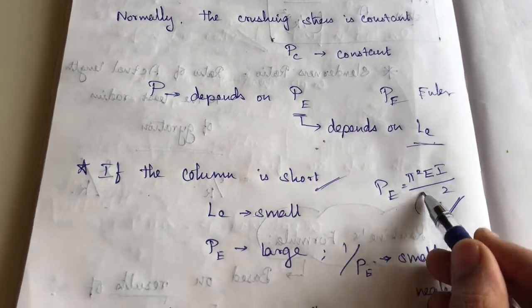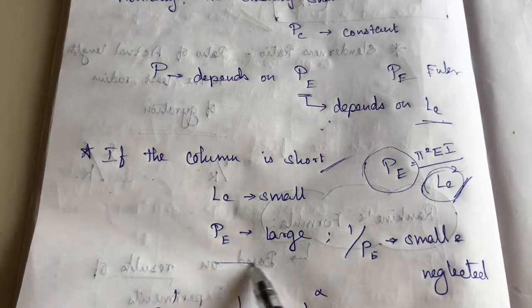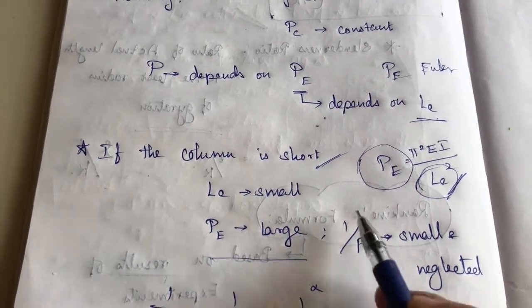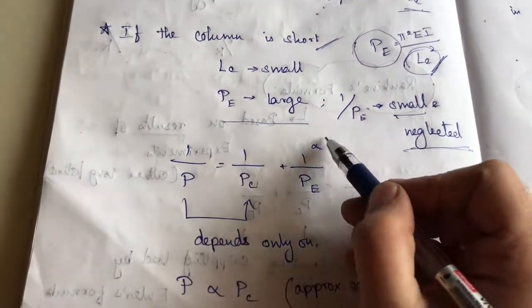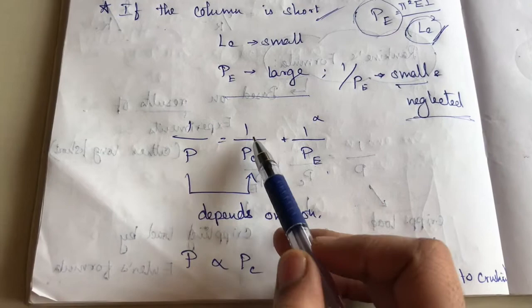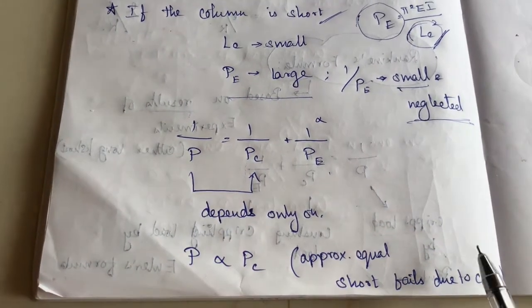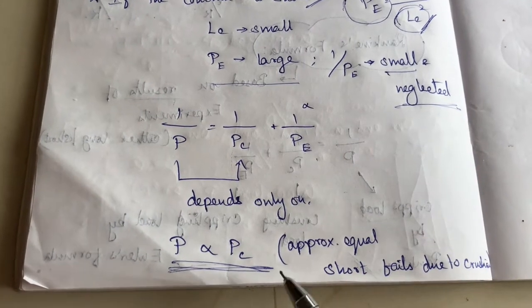Here this LE is small means PE will be large, so 1 by PE will be small and it is neglected. So if this one is neglected in the formula, 1 by P is approximately proportional to 1 by PC. So we can easily take the approximate value. So it is approximately equal actually.